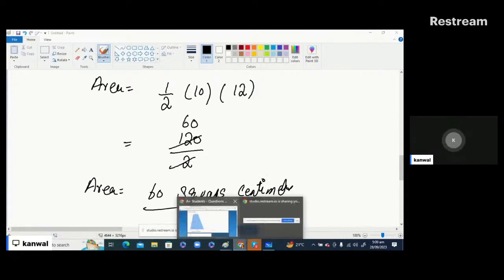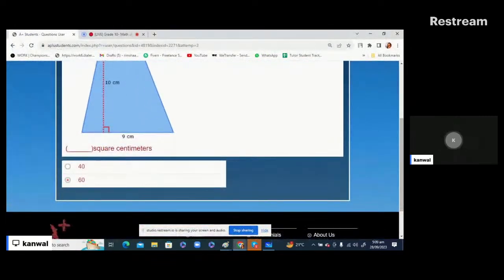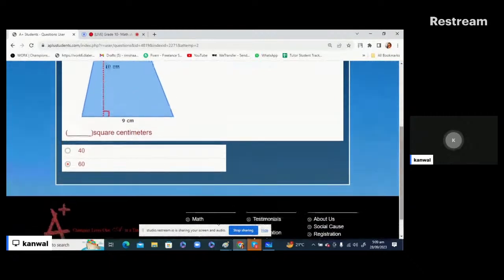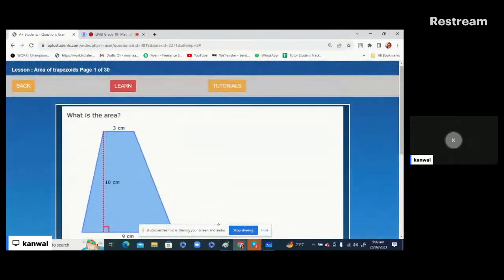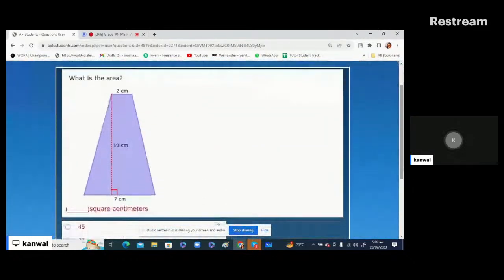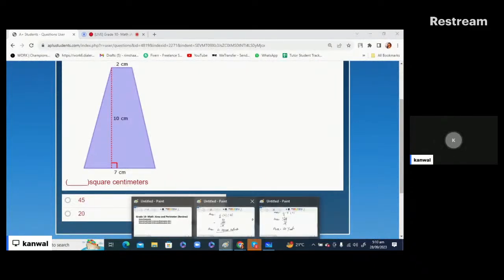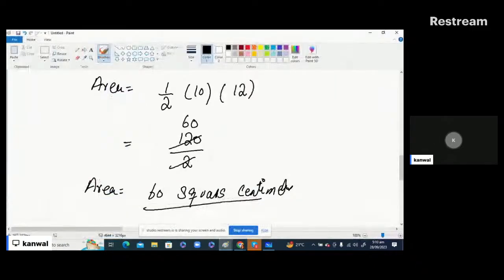Let's check, is there any answer for 60? Yes, that is here. Let's do it. This is right. Okay, let's solve this one more. There is two, one base, 7 is other, and 10 is height. 2, 7 and 10.